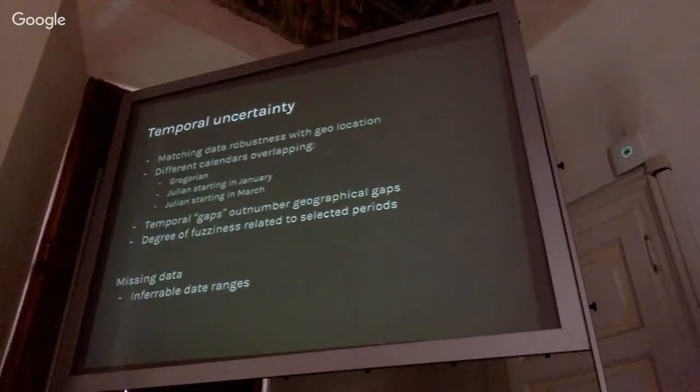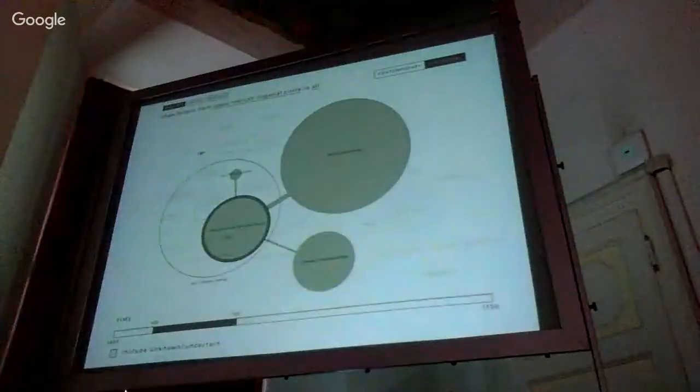So once we want to explore these two dimensions altogether, we have this problem of matching the amount of data we have in the map and in the timeline. To approximate this a little bit more, we thought about also representing the degree of fuzziness or uncertainty related to selected time periods that can be selected through the timeline at the bottom.